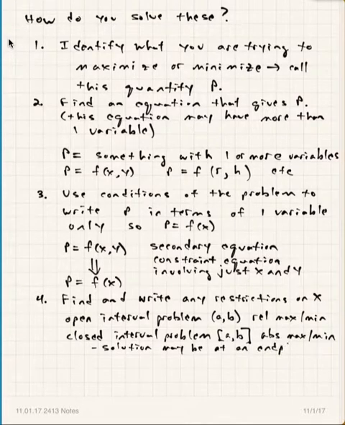Remember, we talked about that a few weeks ago: in a closed interval, a continuous function has to have an absolute maximum and an absolute minimum value. So if we identify the restrictions on our variable x and see that it's a closed interval, it's possible that the optimal solution may be at one of the endpoints of the interval that you've identified.